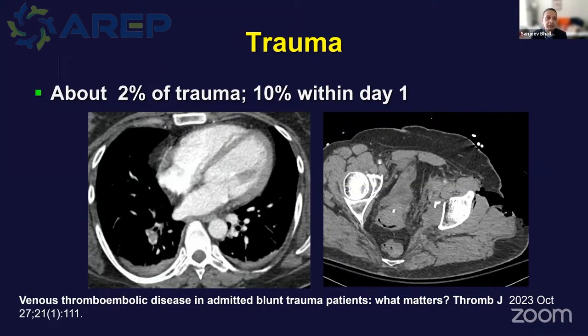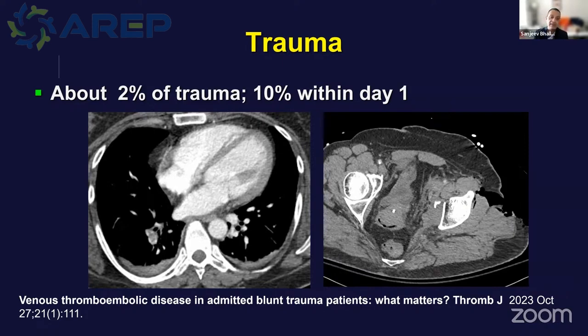Another group that I'd like to bring to your attention is the trauma patient. In our population in the United States, it's been demonstrated that about 2% of patients in the setting of acute trauma will have PE. It's probably because there's an injury distally, and that's damaged the vessel and has resulted in embolism to the lungs.